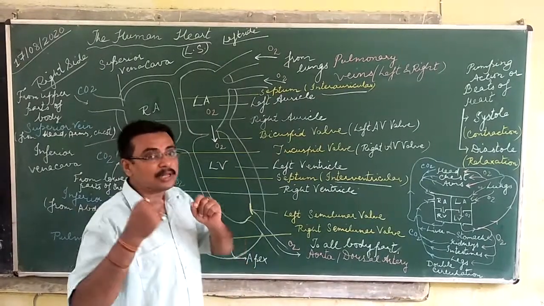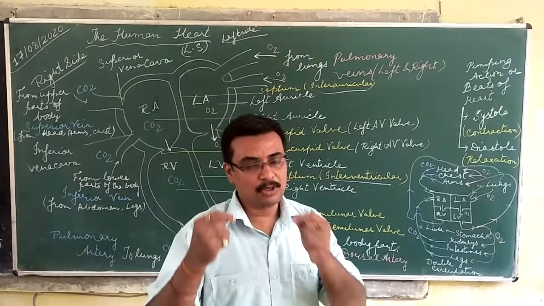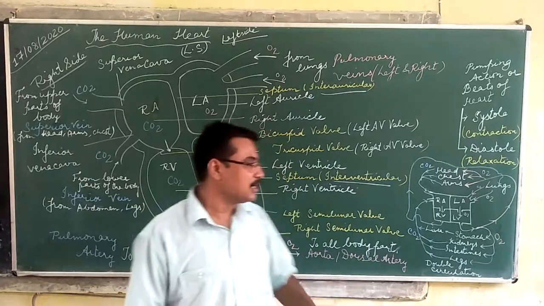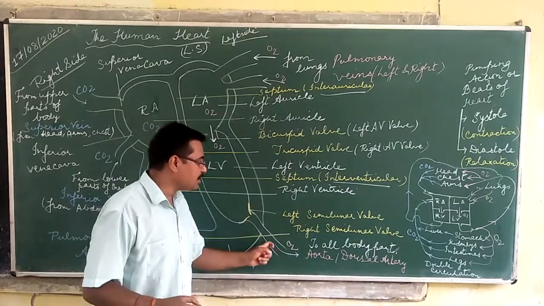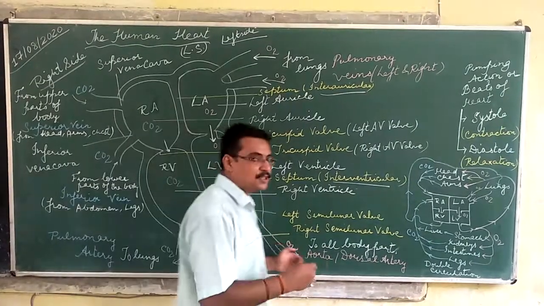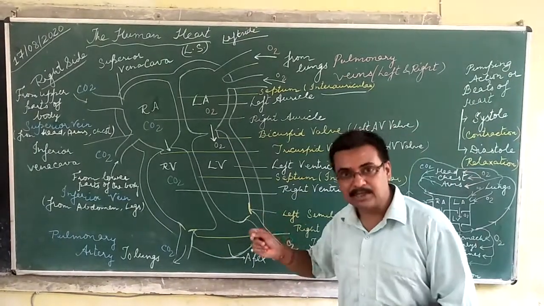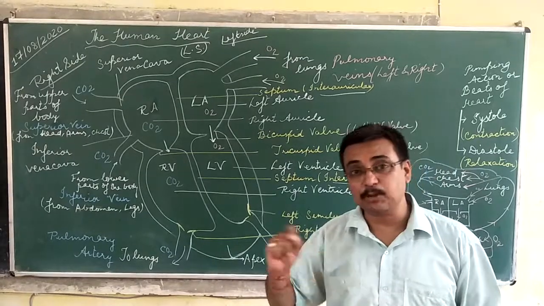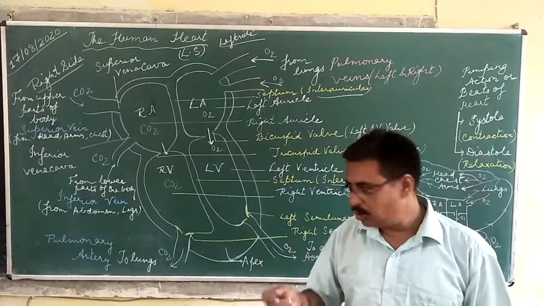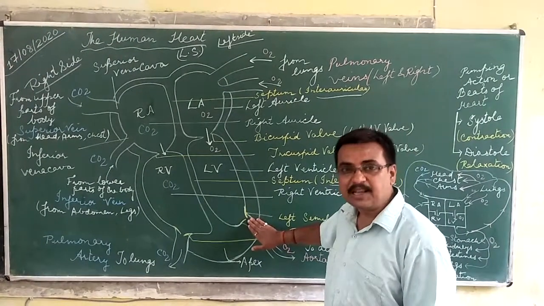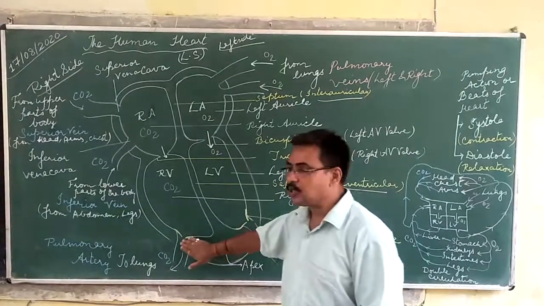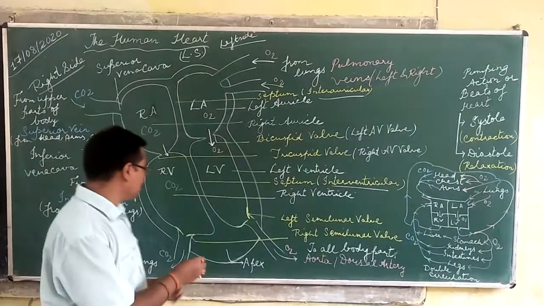Now there is one more pair of valves, present between the ventricles and the vessels which carry the blood out of them. These are the semilunar valves, quite like a half moon. This is the left semilunar valve, and this is the right semilunar valve.